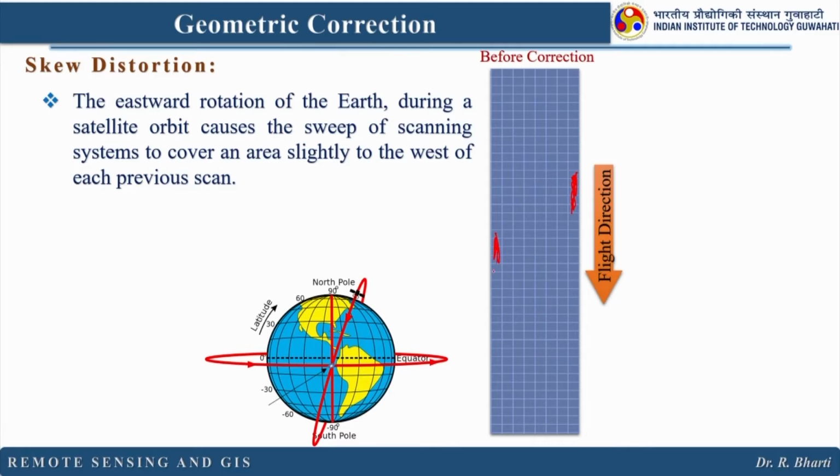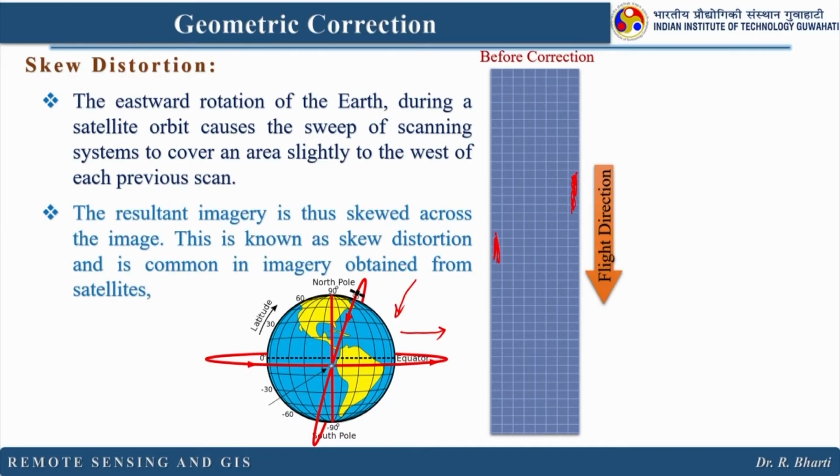Why is it so? Because the earth is moving and the satellite is also moving. There will be a slight change in the position and coverage of the satellite, so the resultant imagery is skewed across the image. This is known as skew distortion and is common in imagery obtained from satellites.